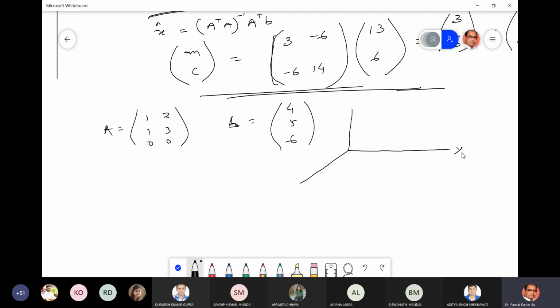Let us say this is X, this is Y, and this is Z. So I have one vector 1 1 0, and another vector 2 3 0, 2 here, 3 here. And this is the column vector.